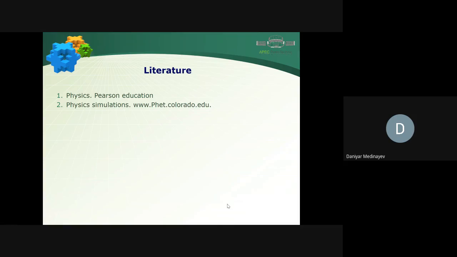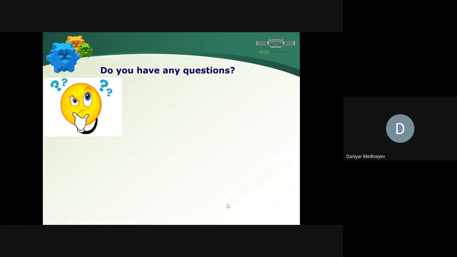If you have any questions, you can ask me right now, and also be informed that you can find more details in the physics book from Pearson Education, and also you can observe simulations related to the laws of motion or Newtonian classical mechanics at the link www.fred.colorado.education. If you have any questions, just ask me right now.